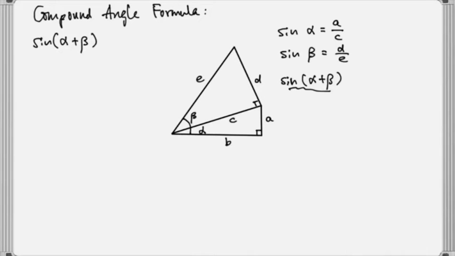Well, I know that the combined angle alpha plus beta can be put in a triangle, with its opposite side over its hypotenuse. So I can construct two potential triangles that would allow me to calculate that ratio.